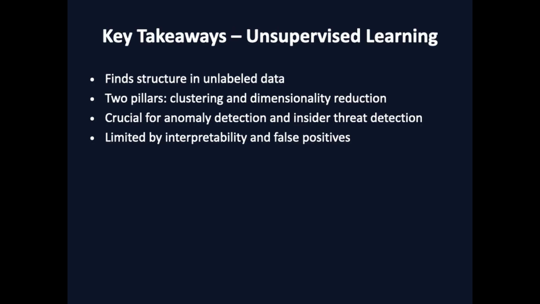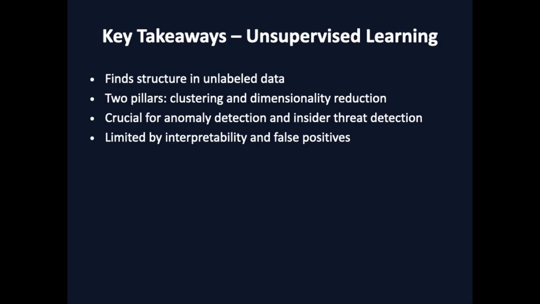When we're thinking around unsupervised learning, there are some key takeaways. We're looking for unsupervised learning to help us find structure in data that's not been labeled. We haven't classified this data yet. We need help classifying this data, and that's where unsupervised learning comes in. There are two main pillars of unsupervised learning: clustering and dimensionality reduction.